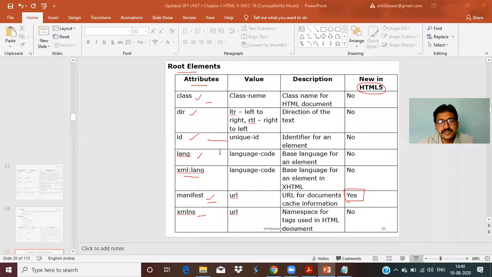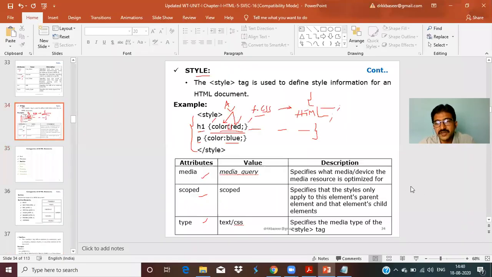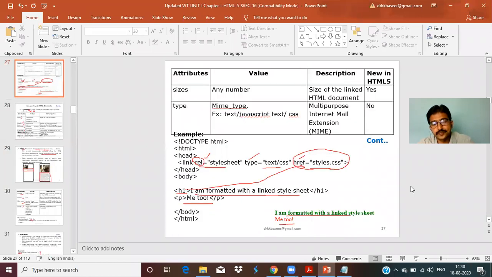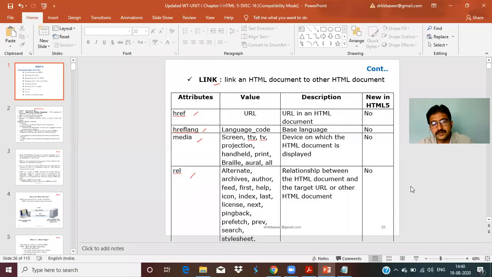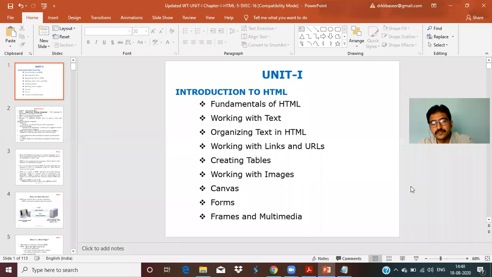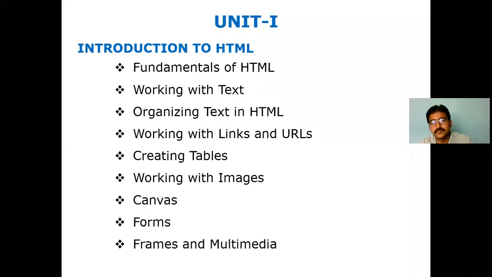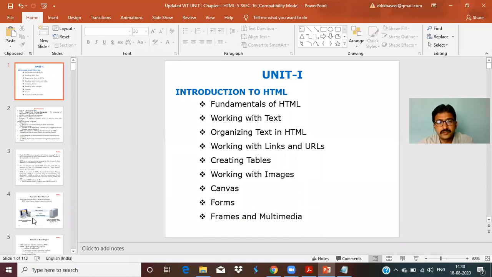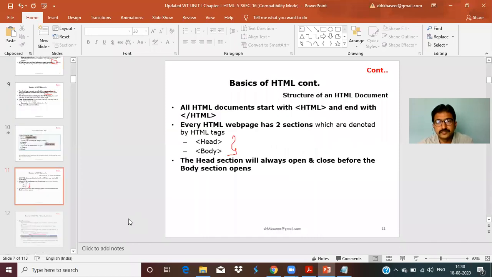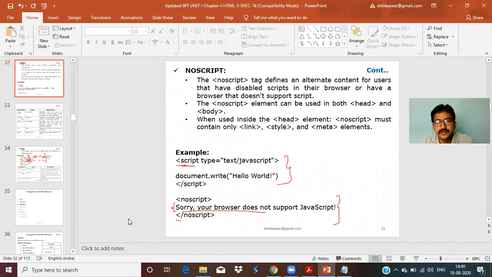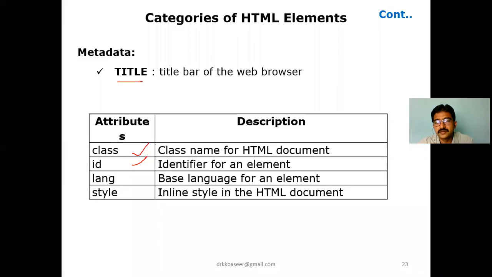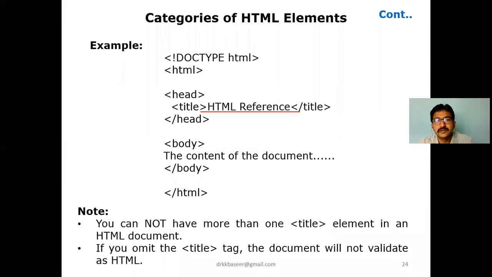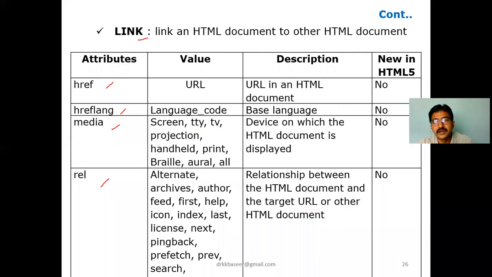In metadata we have discussed a lot of elements. What are the things we have discussed in the metadata? For a glance, we have seen different elements like title, categories, base, link.